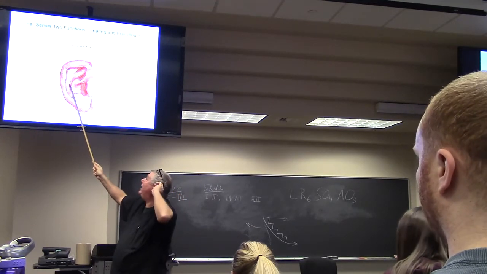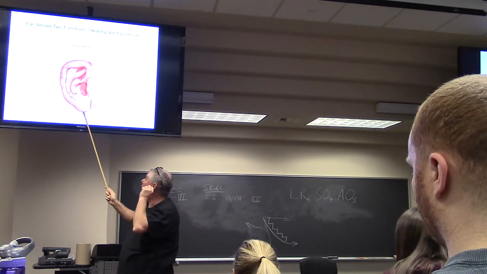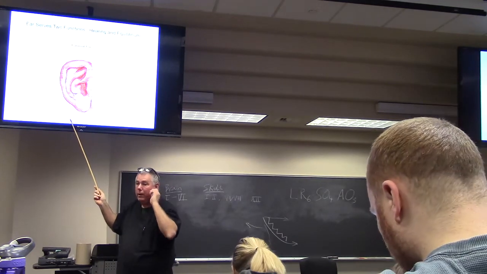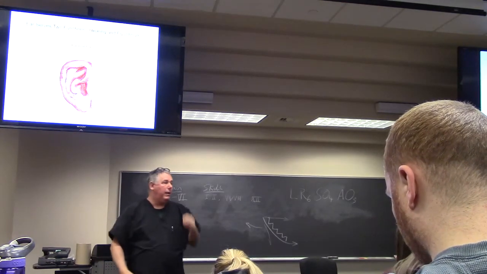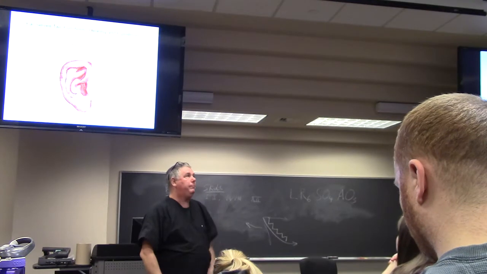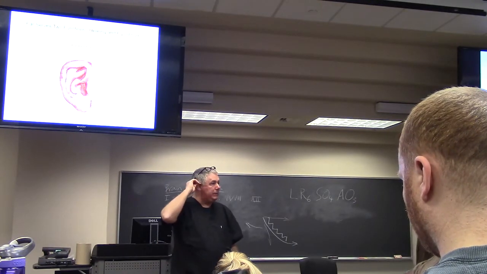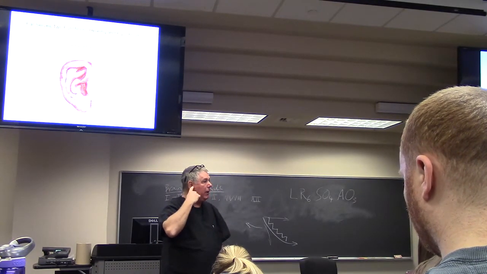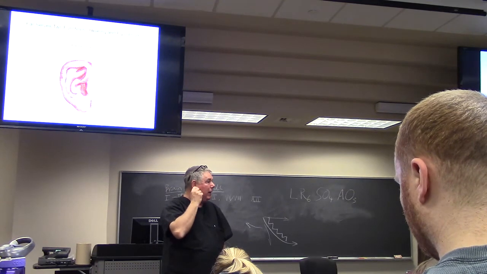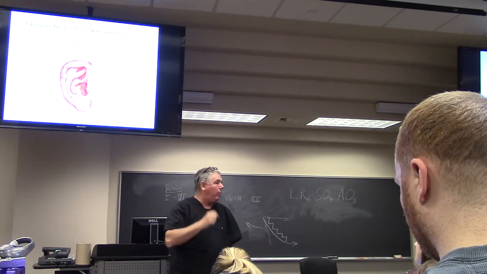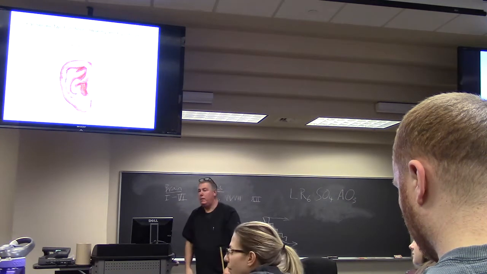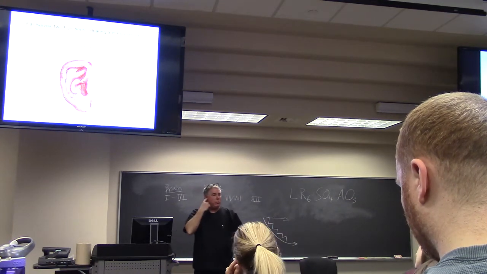That's the antihelix. And that is your lobe, your ear lobe. There are other parts to the pinna that I'm not even going to talk about. But helix, antihelix, tragus, and the lobe.